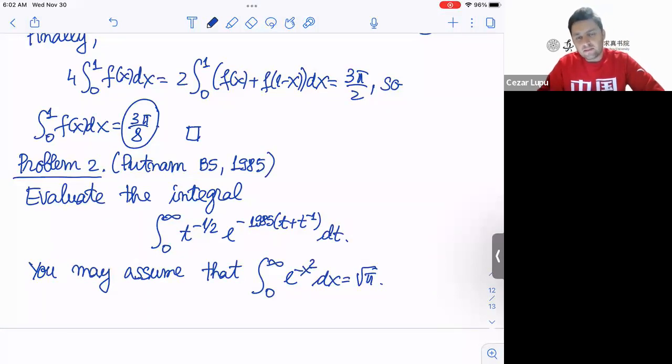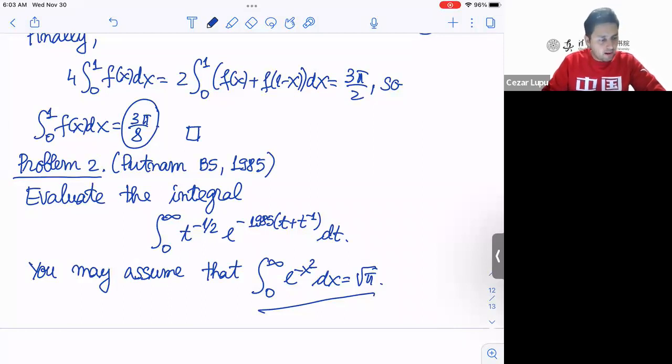Usually it has become a standard problem in calculus 3, where you can prove it using polar coordinates, as I will show you when we talk about multivariable calculus. But there are also other solutions, and I will show you. We will prove this one using Feynman's trick, as you will see. In fact, I even described it a little bit in the lecture.